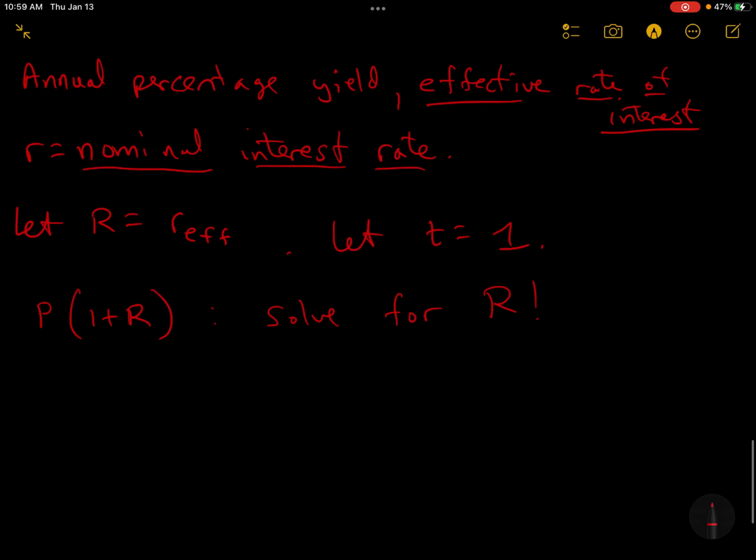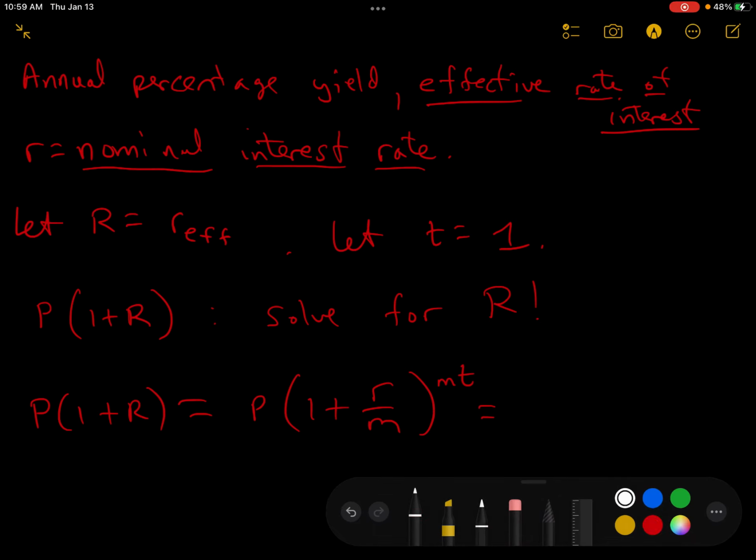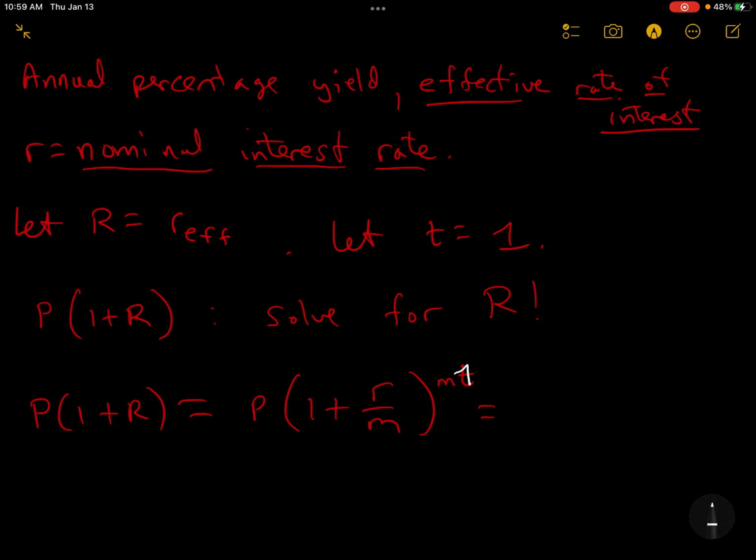Okay, so we take this P times 1 plus capital R and we set it equal to our formula. And remind yourself that T is actually 1. So what I have is P times 1 plus r over m to the m.